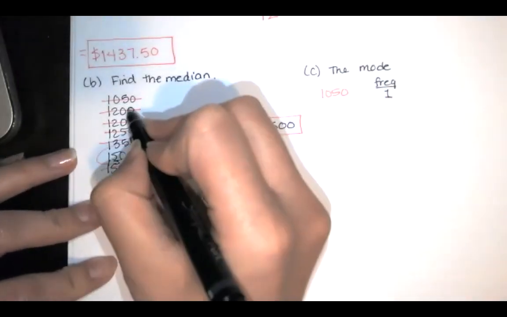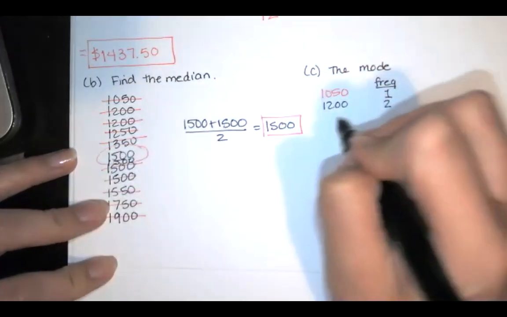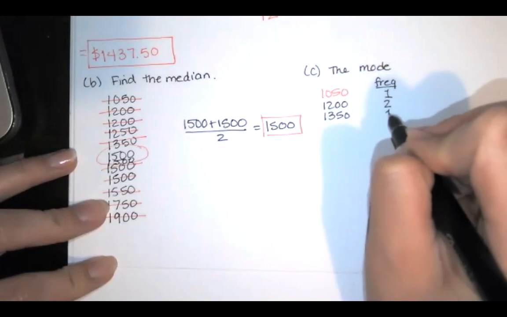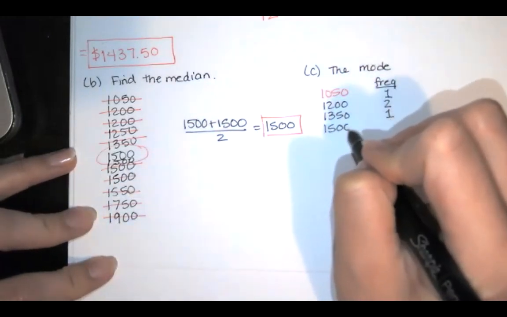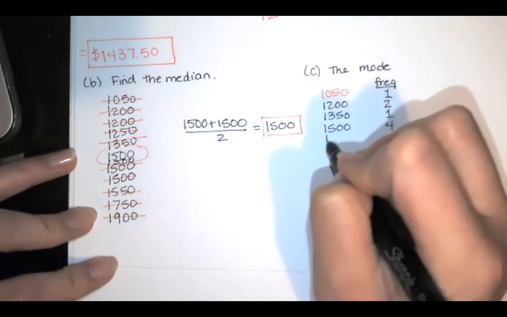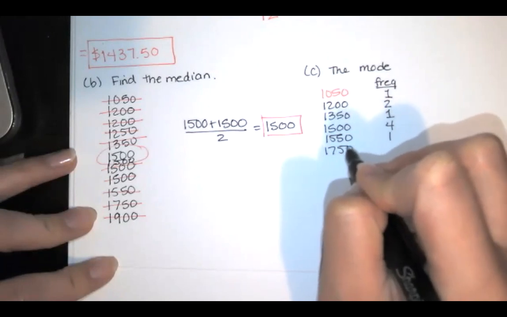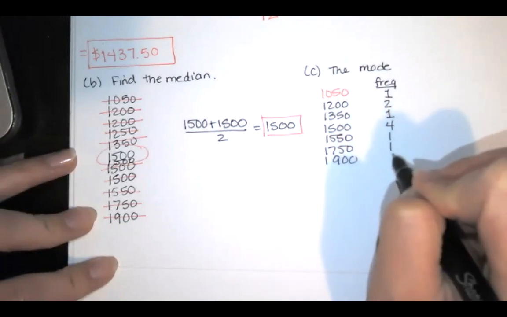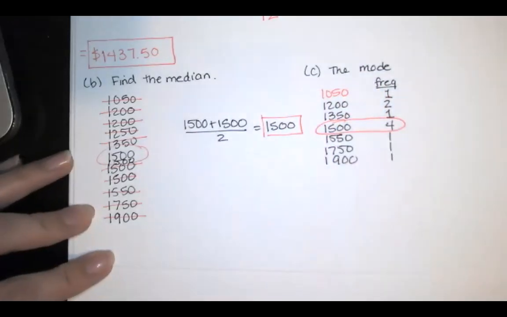So it's 1050, and then we had two 1200s. Then we had a 1350. And then we had 1, 2, 3, 4 1500s. A 1550, a 1750, and a 1900. So we're right there.